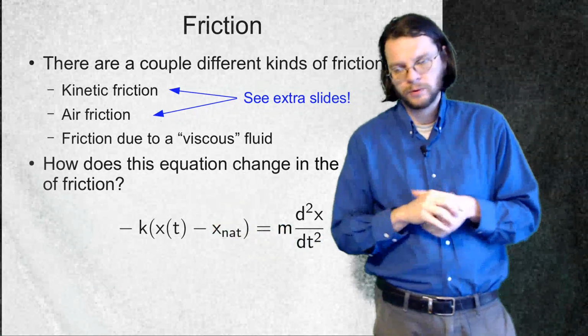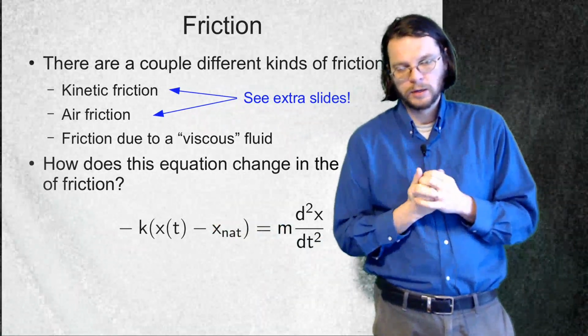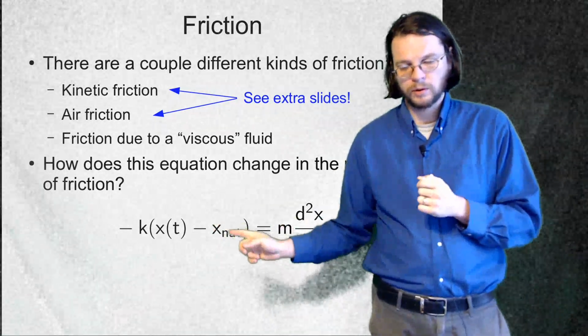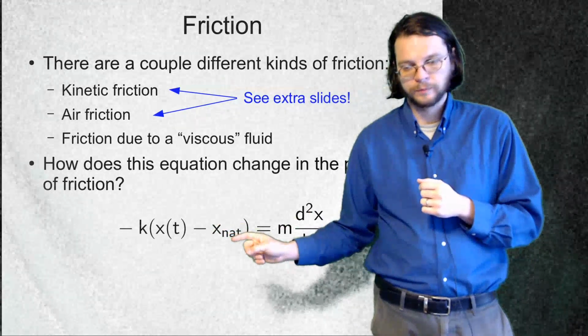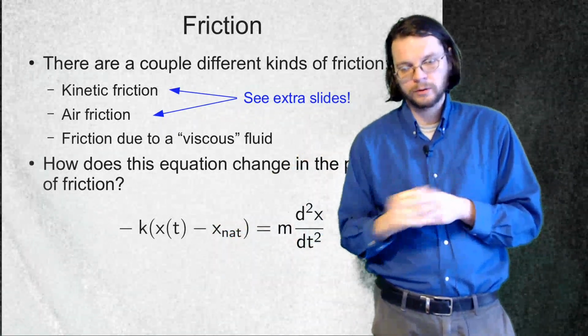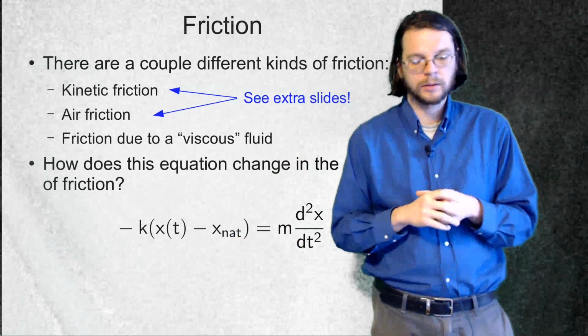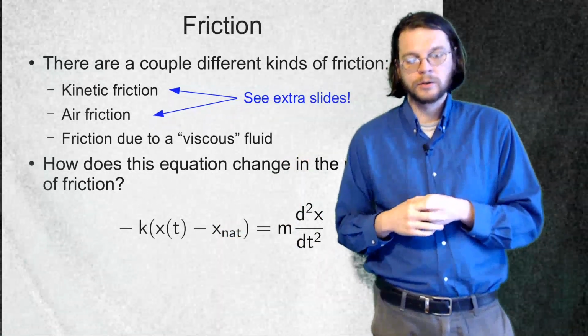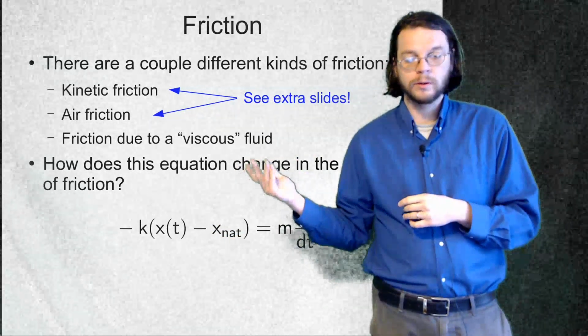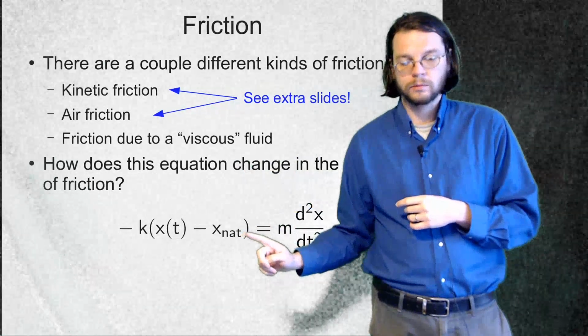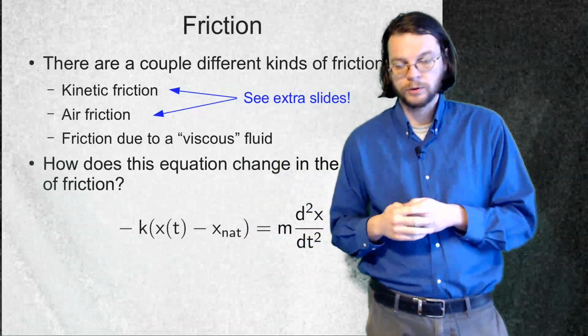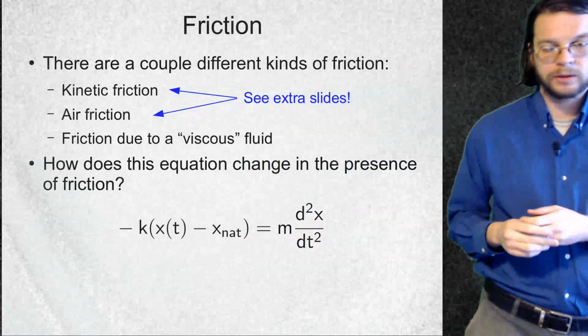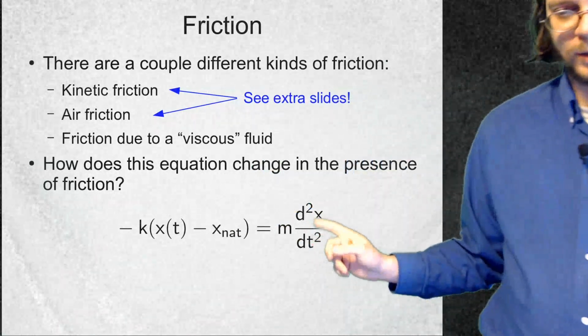So this came from the fact that there was just the restoring force of the spring before. And if you remember, when we added gravity to it, we just added the weight here because it was just another force. So if we're going to add the friction, well, then we'd have to add another force here to represent the friction force. So that's all we really have to do.